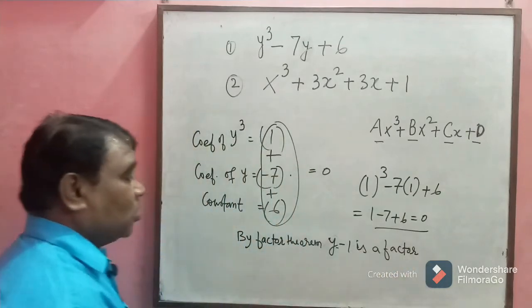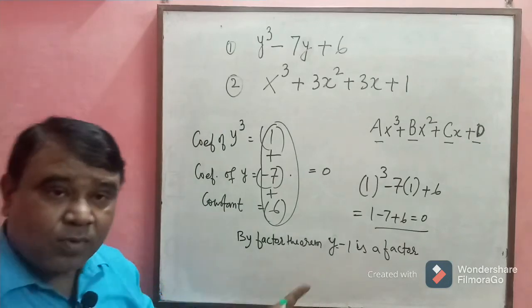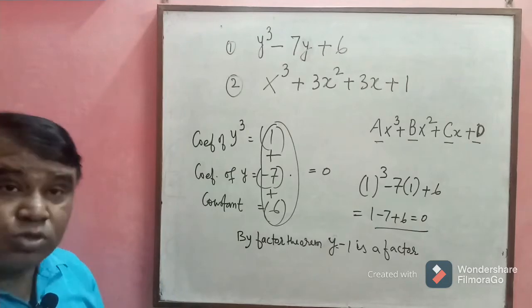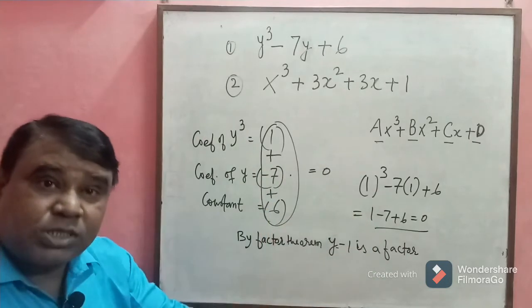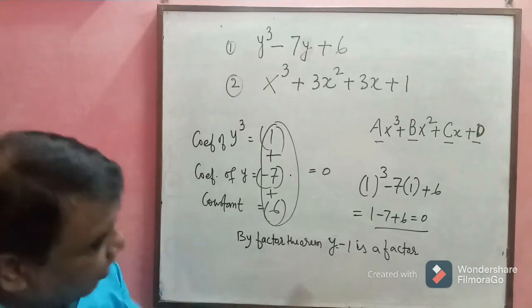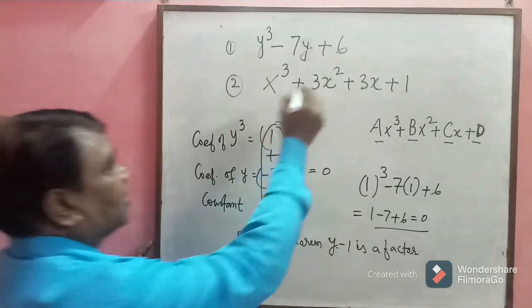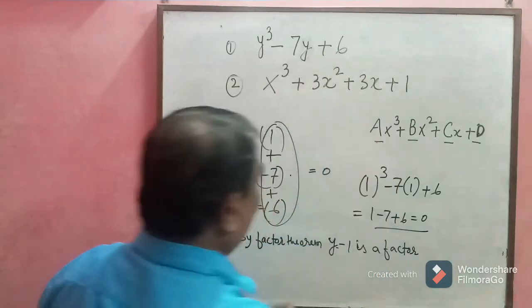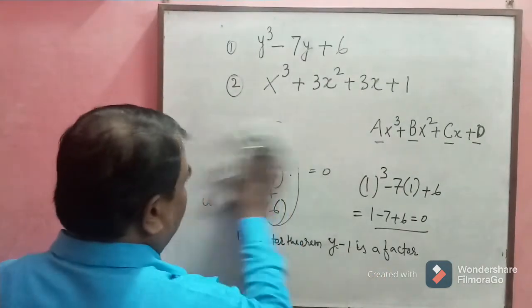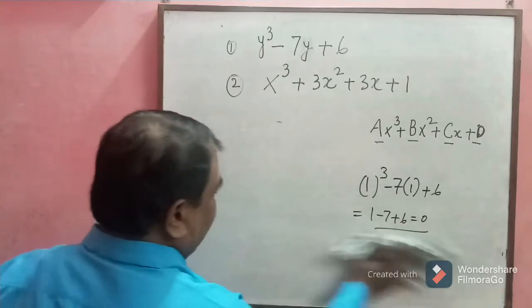Once we have come to know y minus 1 is a factor, to take common out is a process of factorization. So I will just write this expression, you just follow, and then you don't have to divide and you will get the factor very easily.